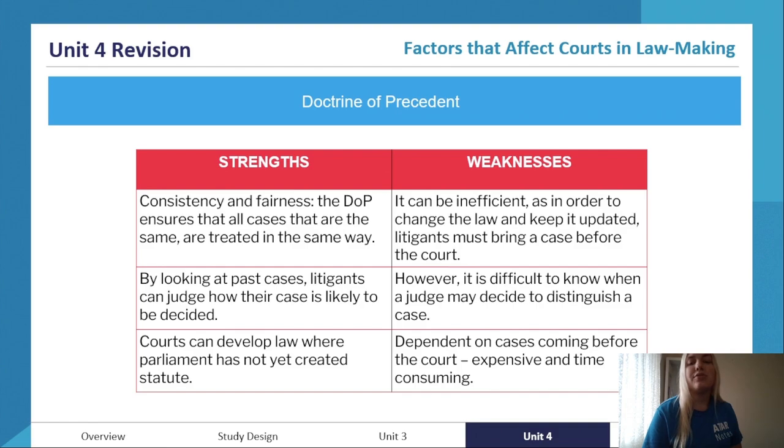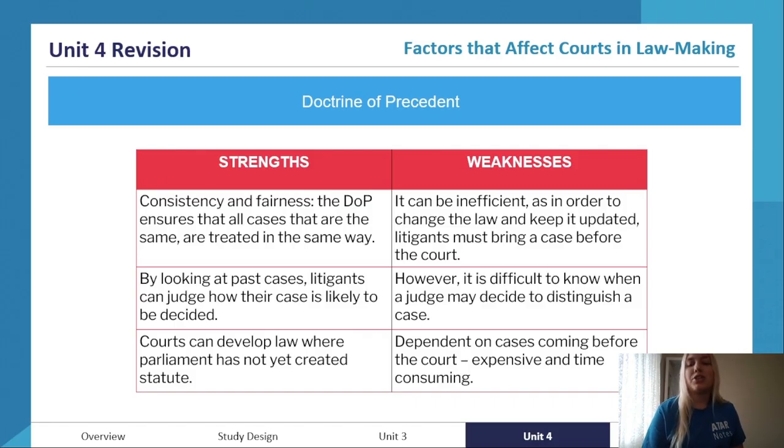But it can also be inefficient because litigants have to bring a case before the court for a precedent to be developed. Remember, courts can't just create law, they're only reactive. Someone with standing and a relevant case has to come before them for them to create a precedent or a new law in an area where it is missing from.